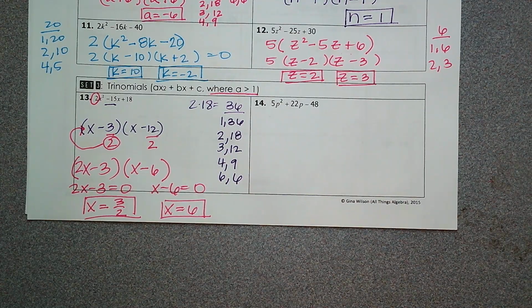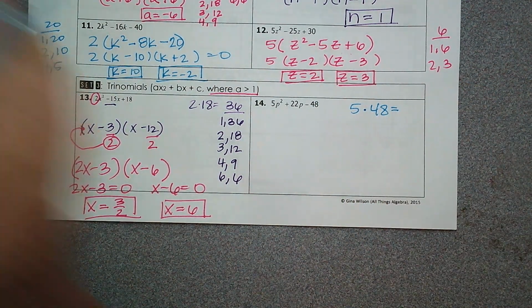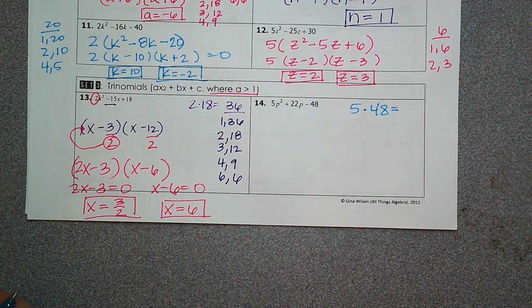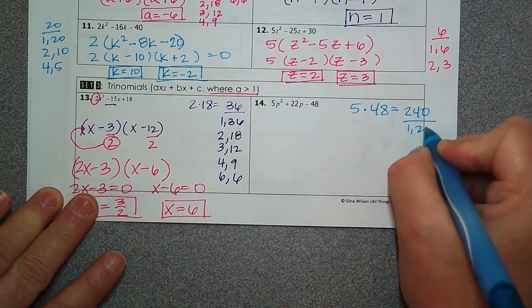Number 14, do I have a GCF? No. So I have to use bottoms up. I'm going to multiply A times C. 5 times 48 is what? List the factors of 240.